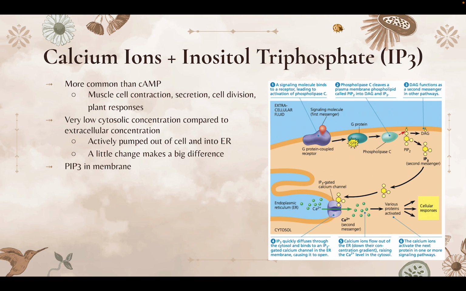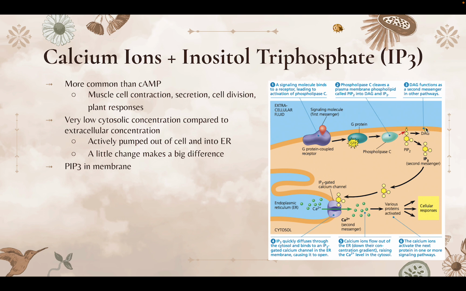So basically what happens is you've got this molecule called PIP2 in your membrane. It is a type of phospholipid, and you've got a GPCR that's activated, which activates phospholipase C, which cleaves PIP2 into IP3, which is our second messenger, acting first in this pathway.